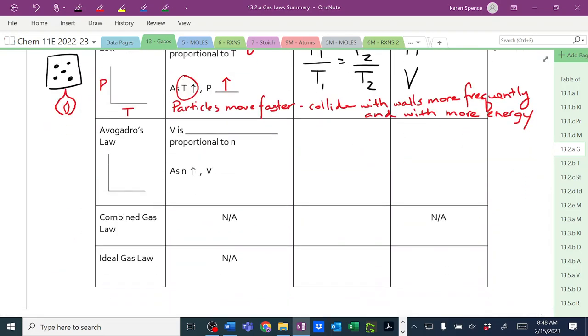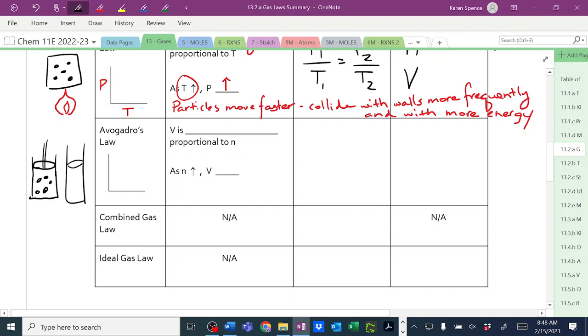Avogadro's Law. Volume is proportional to N. So if I take my container with a piston in it, and what happens if I now put more particles in it? 1, 2, 3, 4, 5.